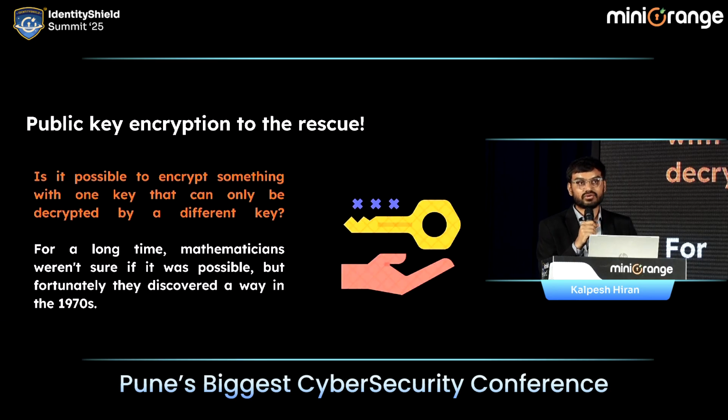There's only one key which can decrypt, and that is other than the key which was used to encrypt. I think this problem is not new. Mathematicians were working on a solution for this for many years, and in 1970 it was finally solved, and they found a way.